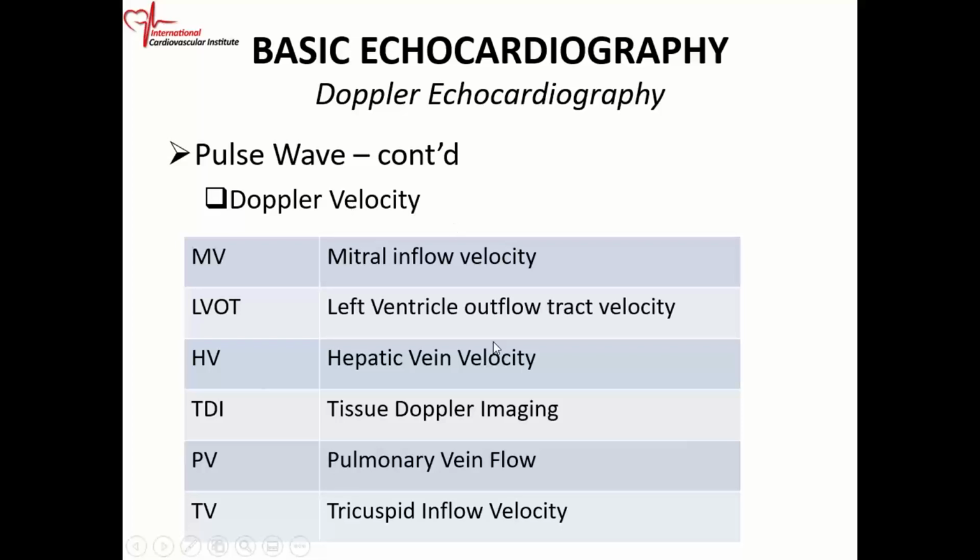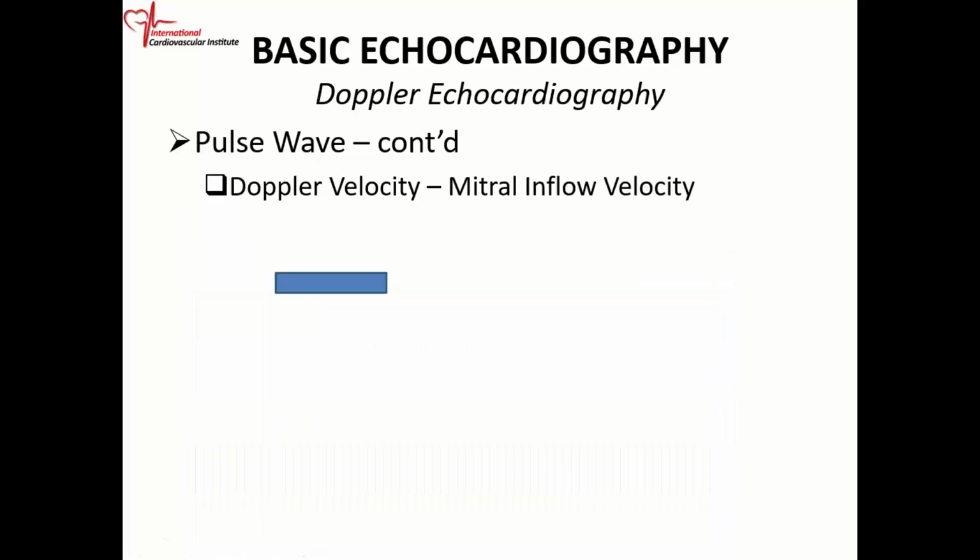So these are all the things that you use pulse wave Doppler to analyze. Okay, again, with pulse wave Doppler, you send out a pulse, and the transducer waits for it to come back and receives it. The limitation of pulse wave Doppler is it can only measure velocity of a certain magnitude.